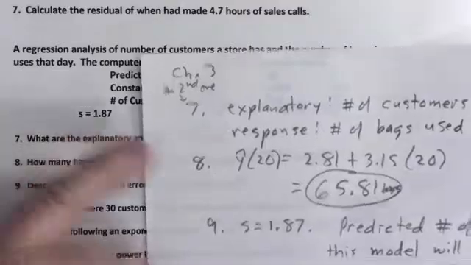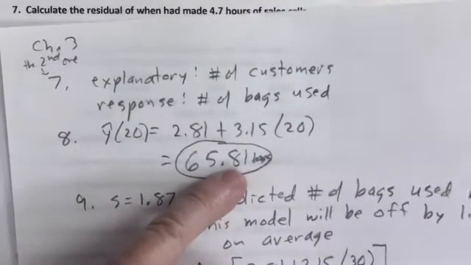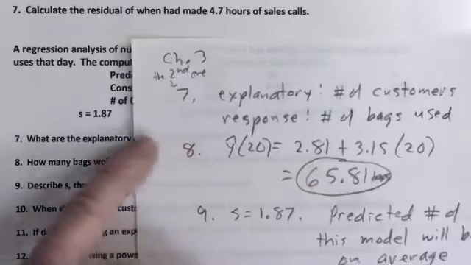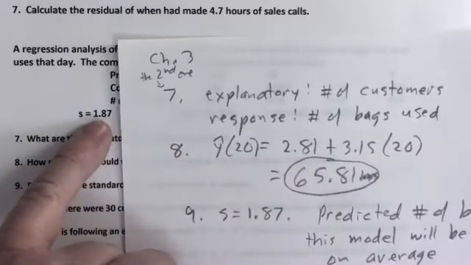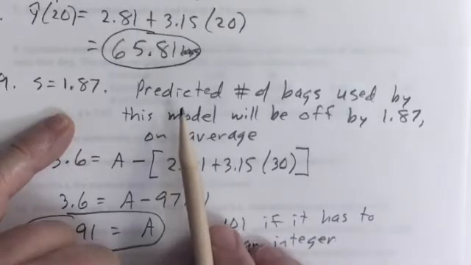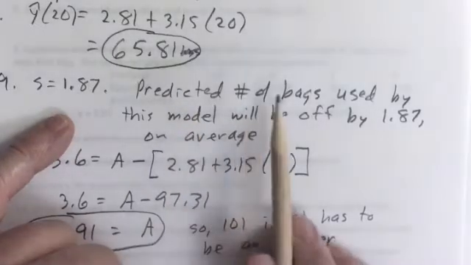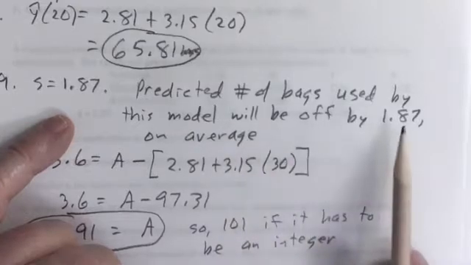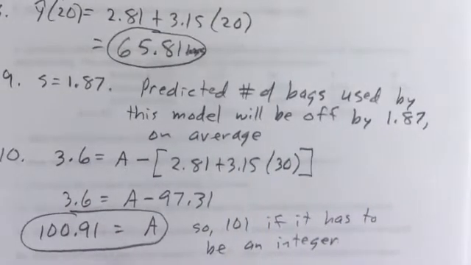So really, we're predicting about 66 bags, but we wouldn't be shocked if we needed like 68. That would be one standard deviation above the mean, effectively. So S is the average amount predictions will be off. We'll say that the predicted number of bags used by this model will be off by 1.87 on average. Okay, that's what it is.